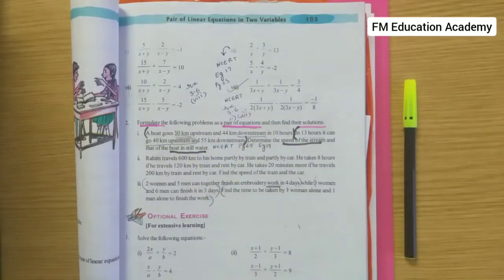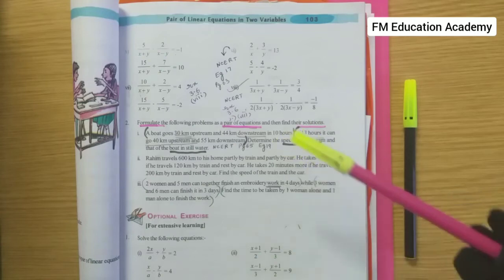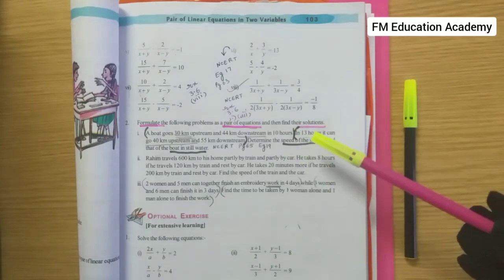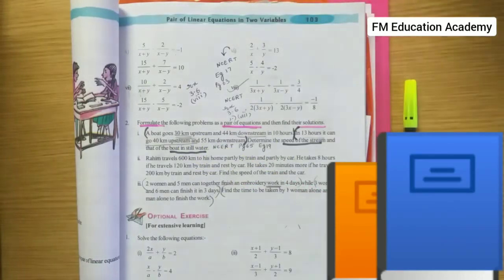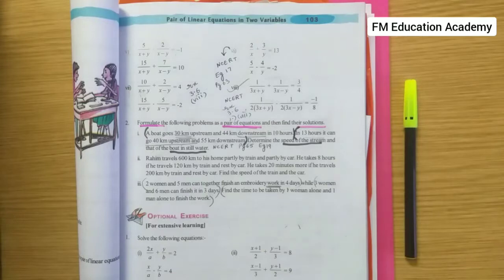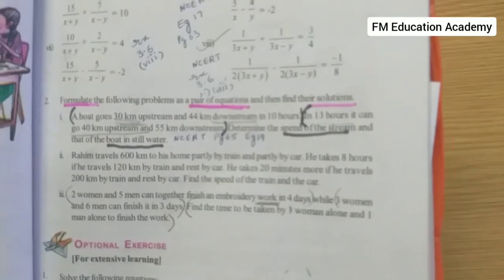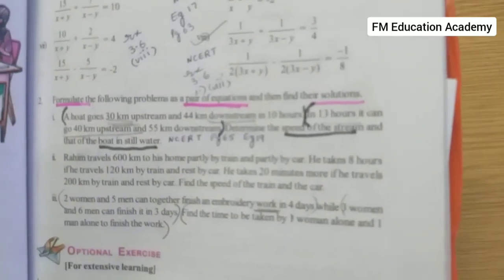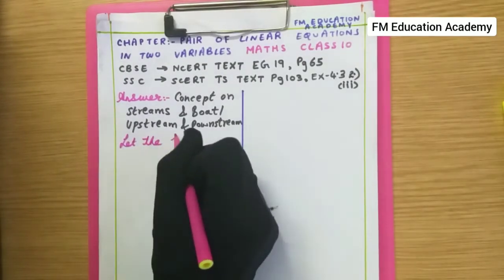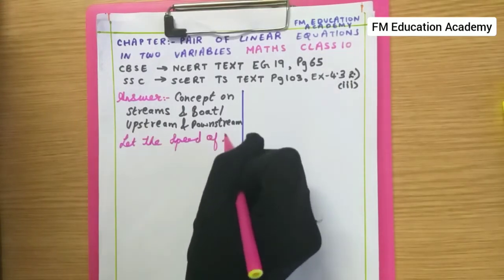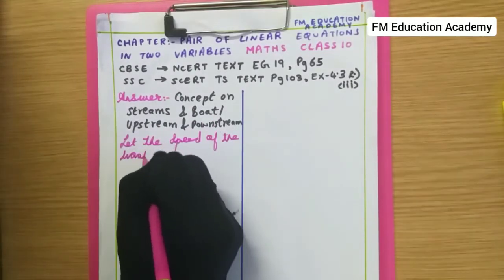and the speed of the boat in still water. So whatever we have to find out, always assume that as x and y. Here first I am given stream and then I am given the boat. I'll assume the speed of the boat in still water to be x km per hour, and I'll assume the speed of the stream to be y km per hour.